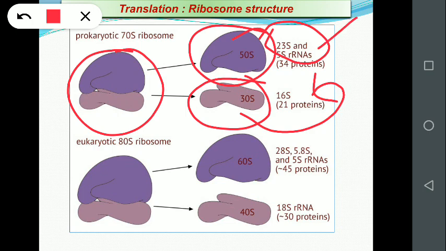Okay, first one is 23S rRNA, second one is 5S rRNA. So therefore we have three different types of rRNAs to form the 70S ribosome, or the two subunits of the 70S ribosome. Okay, this is the structure of the ribosome.